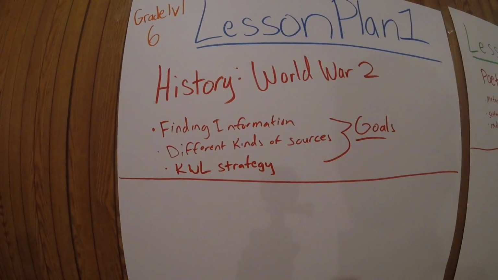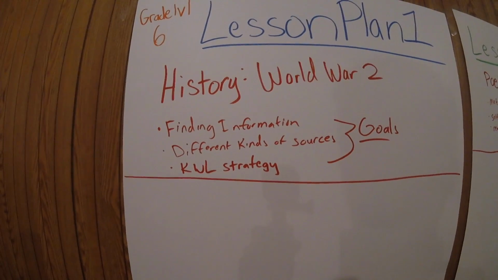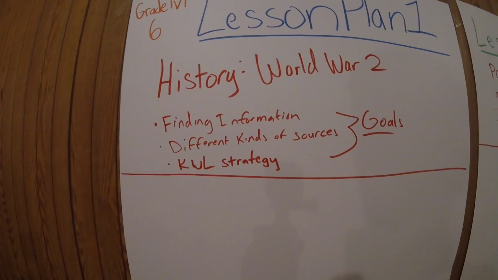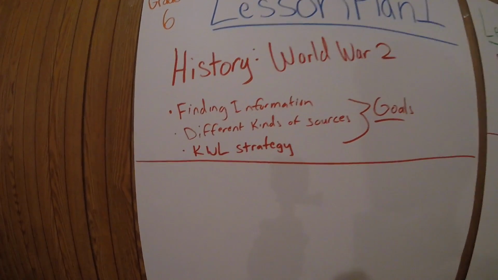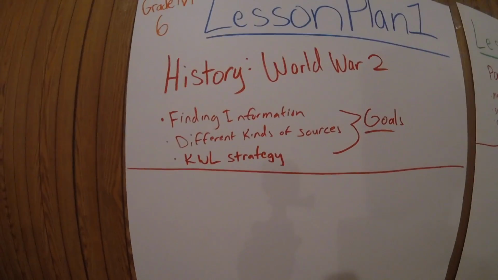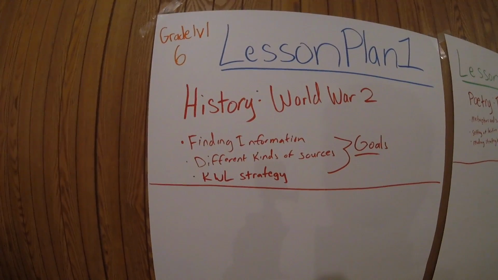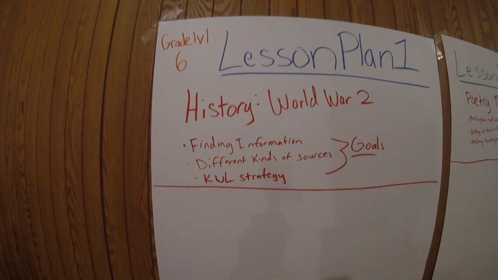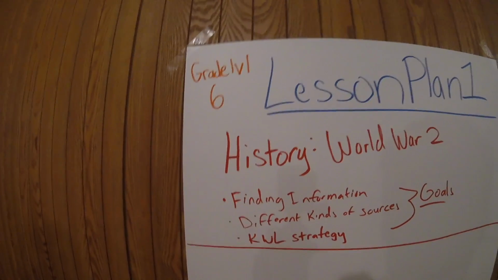And from there, we're also going to learn about the different kinds of sources that he's going to find his information from. The sources can be primary sources or secondary sources. And the third one is the KWL strategy that we learned through our class, our online course. That's going to be something that I'm going to teach him today for a reading strategy. And the grade level for this lesson plan will be 6.